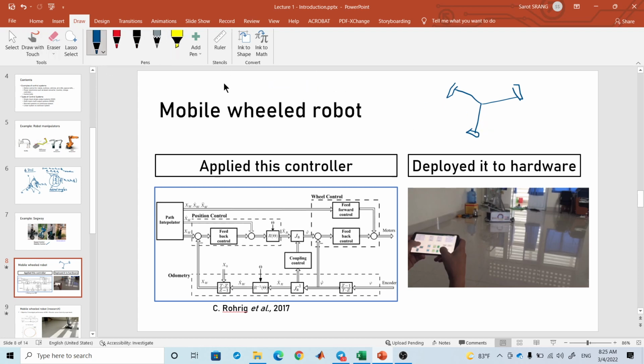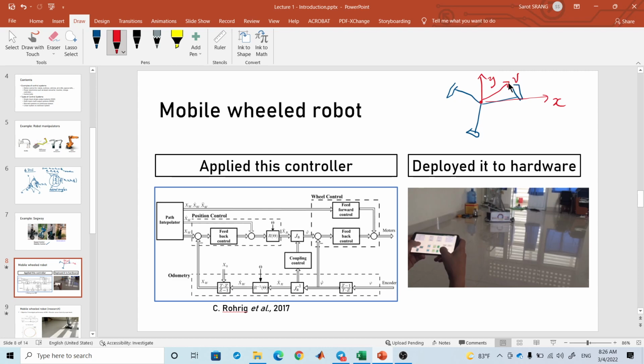Then you choose the direction. Let's say this is the X axis and this is the Y axis. From kinematics, you desire the velocity in, for example, this way.